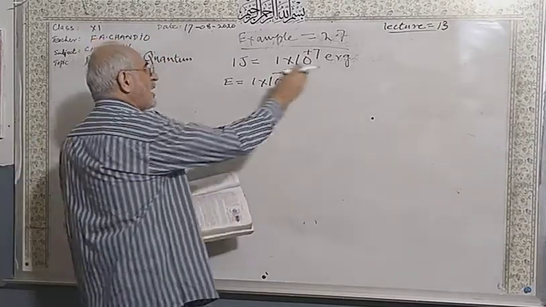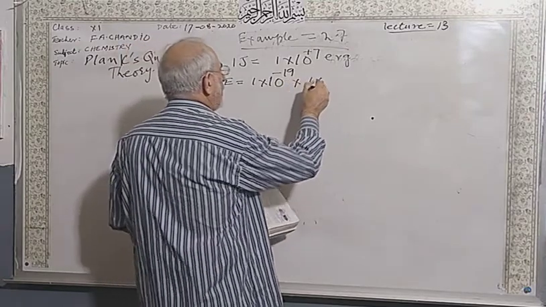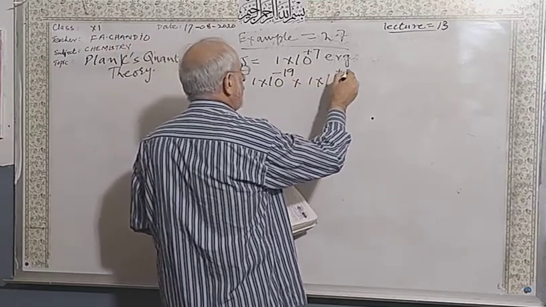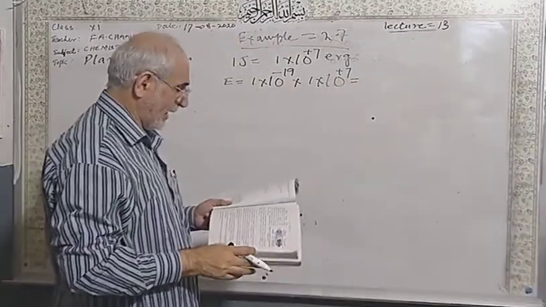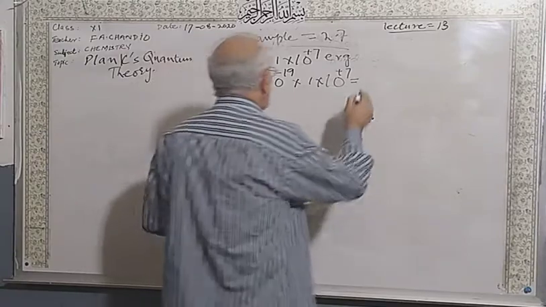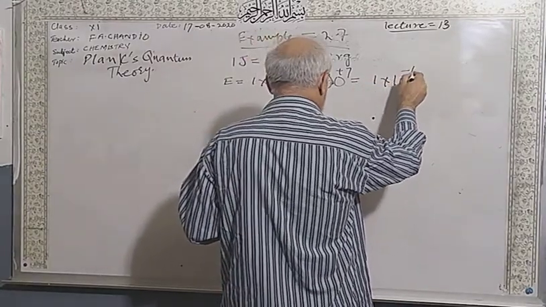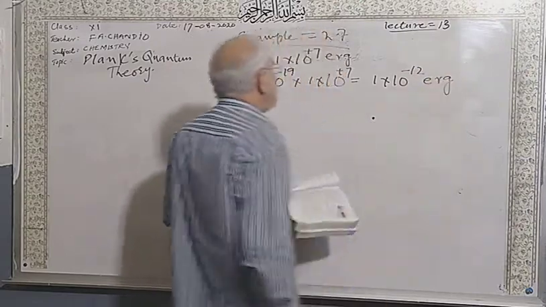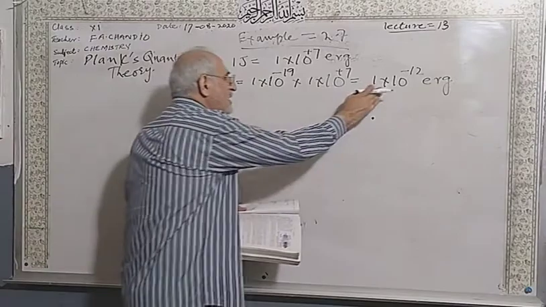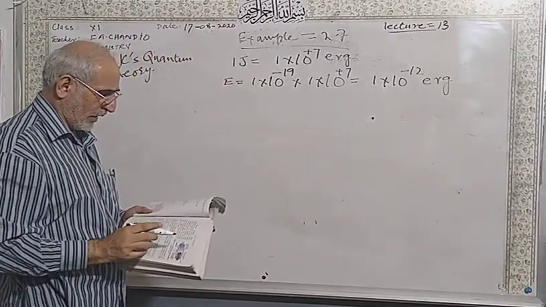When you change into erg, you have to multiply by 1 into 10 raised to power plus 7. So your answer will be minus 19 and plus 7, you will get 1 into 10 raised to power minus 12 erg. Now you have to use this value instead of this energy. This is for the energy.